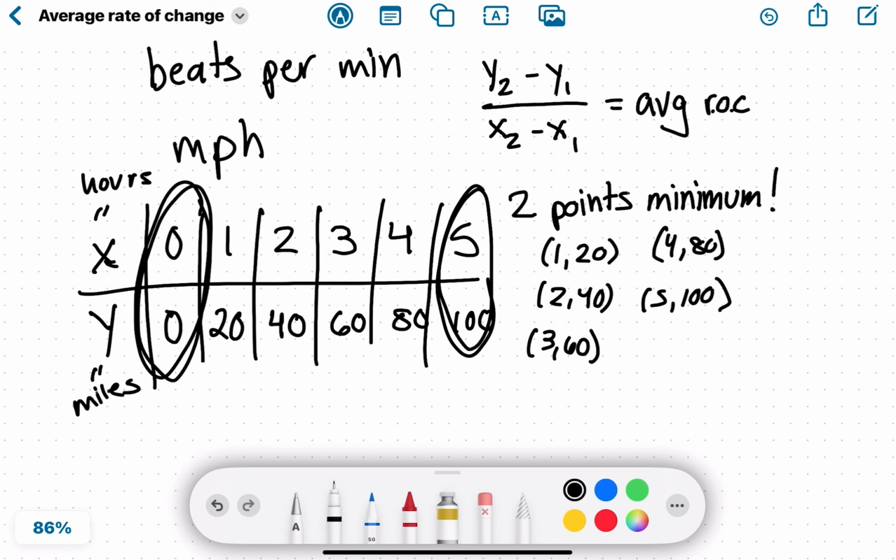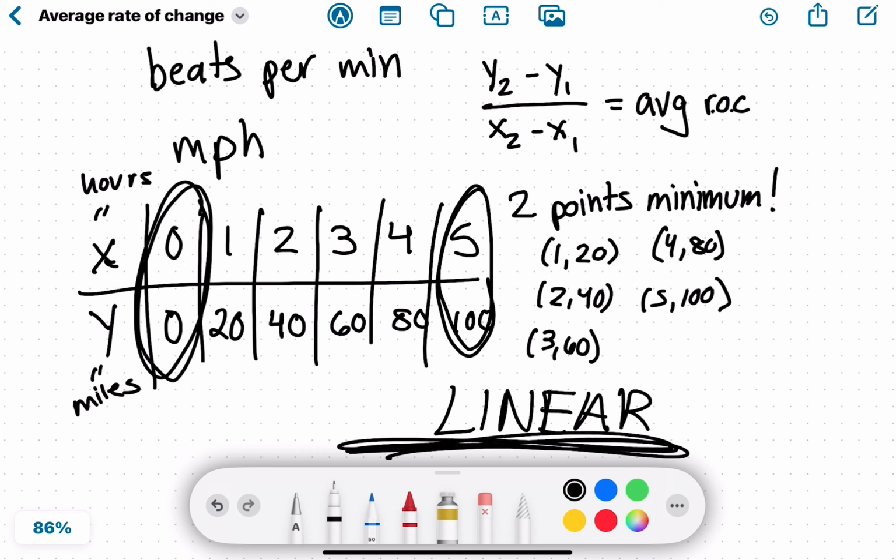I know sometimes graphically, if you're using a linear equation, I cannot stress this enough, linear, straight line, which increases by a constant amount each time, that is fine if you do any 2 points on that line. That is okay.